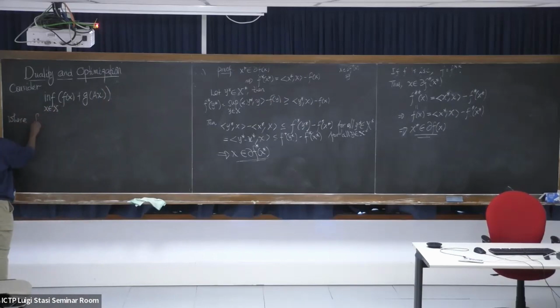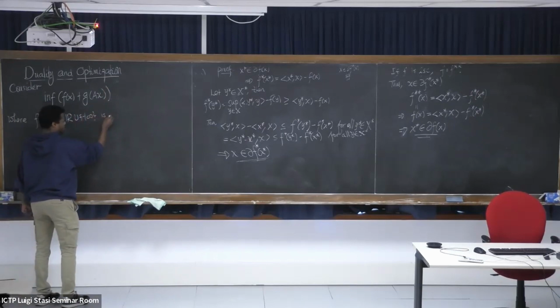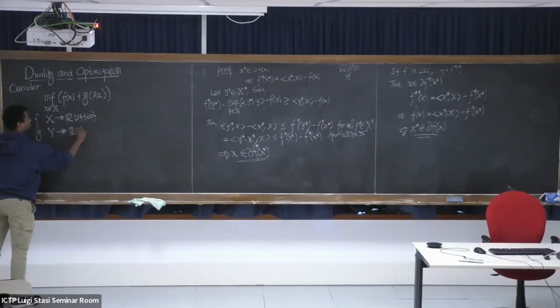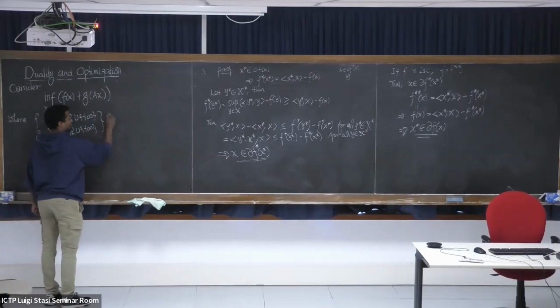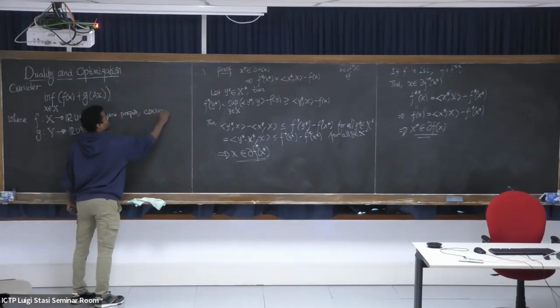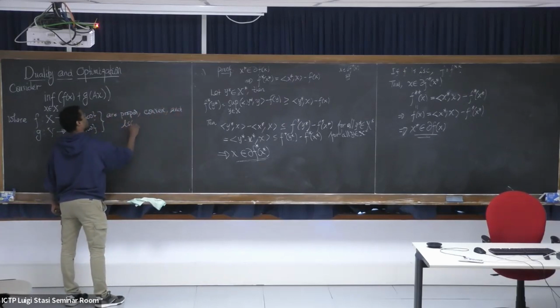where f is from X to R, and g is from Y to R. These two functions are proper, convex, and lower semi-continuous functions.